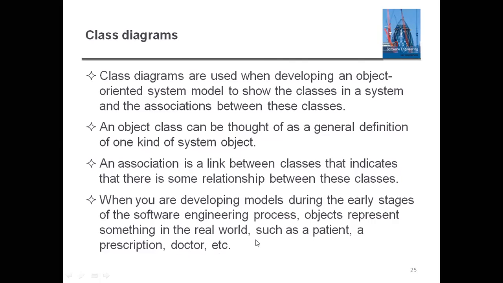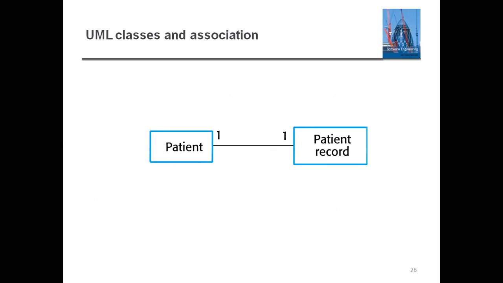The doctor prescribes to the patient. So the doctor will be one class, the patient will be another class, and the prescribed for will be your association link. All these things we have already discussed, and we have done many diagrams using class diagrams and objects. In this way, you are going to do the class diagrams and object diagrams properly. So, moving towards another slide.